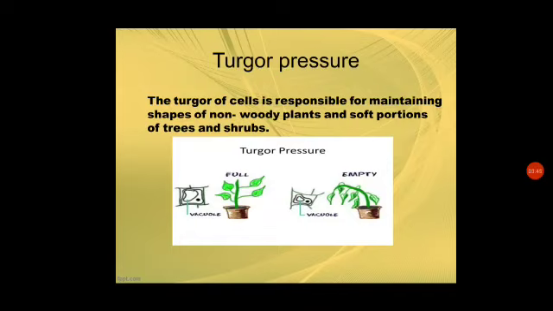As you know, the function of the vacuole is to store extra water. When water enters the vacuole, it creates a pressure on the external cell wall of the cell, and this pressure is called turgor pressure. Due to this pressure, the shape of non-woody plants and soft portions of trees and shrubs is maintained. You can see in the diagram when there is turgor pressure and without it.